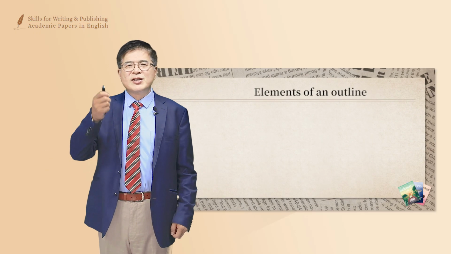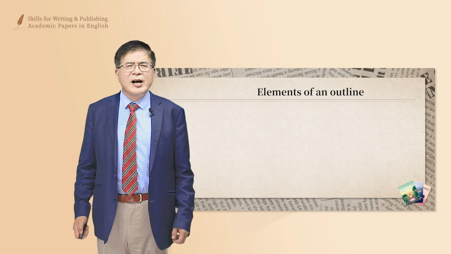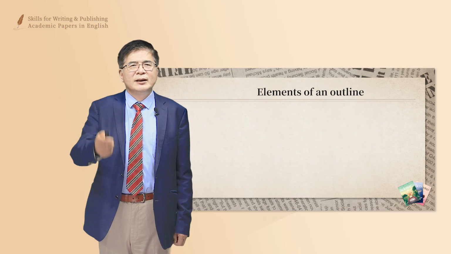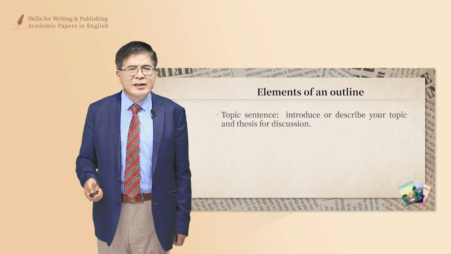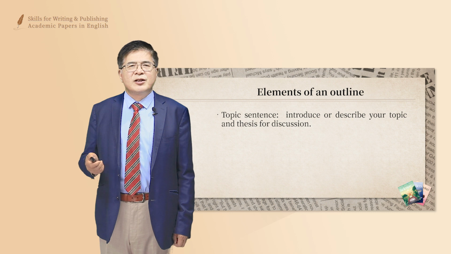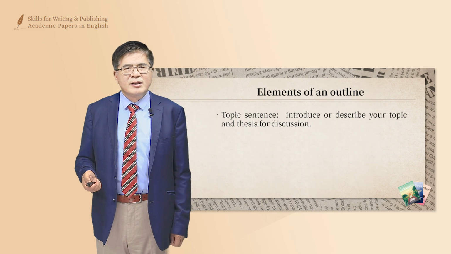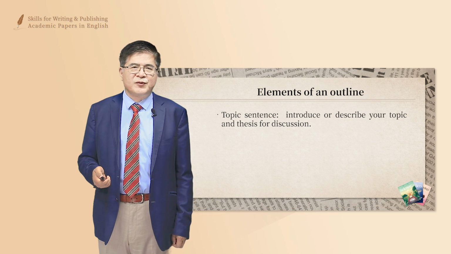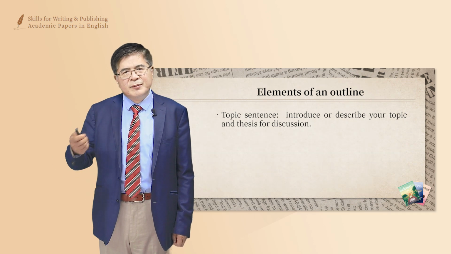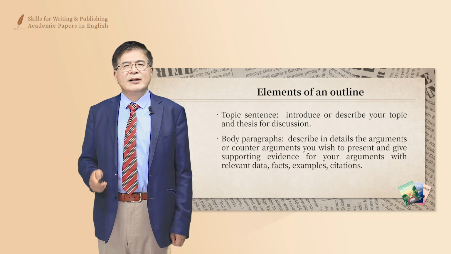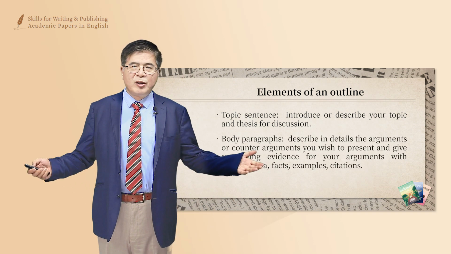Now, what are the elements of an outline? Generally speaking, for a particular section of your writing, it has a topic sentence, which introduces or describes your topic, and the thesis for discussion. By thesis, I mean the topics for discussion or the related concepts for discussion. And second, body paragraphs, or the body part.